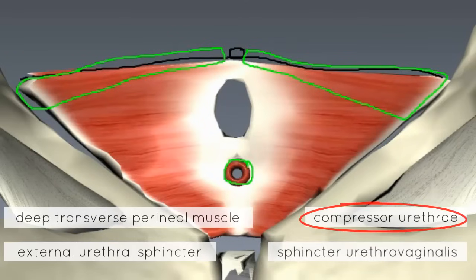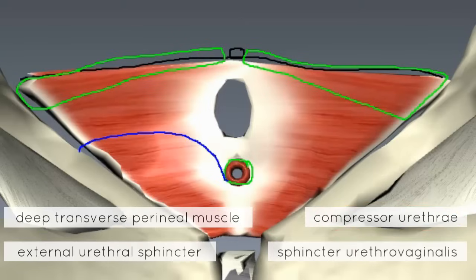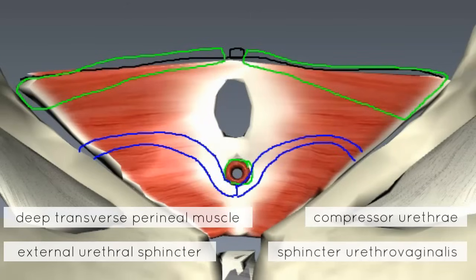The compressor urethrae originates from the sides of the ischiopubic ramus, and then it loops in like this and meets anteriorly to the urethra. So you've got this compressor urethrae muscle, and it meets anterior to the urethra. This muscle aids the external urethral sphincter in closing off the urethra.